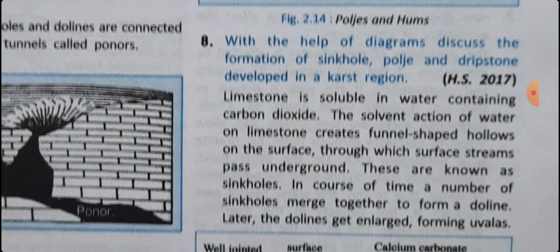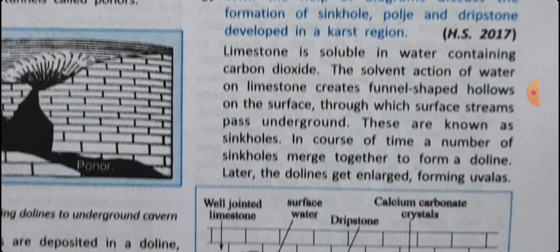The next question, which came in HS 2017: with the help of diagrams discuss the formation of sinkholes, polje and the dripstones developed in a karst region. Limestone is soluble in water containing carbon dioxide.